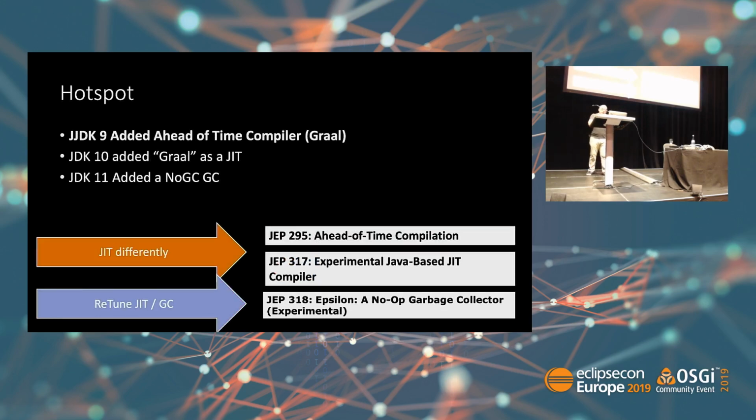What else have we got? Well, Java 9 brought us an IoT compiler called Graal, which we'll talk about later. A new thinking about trying to compile our Java code into machine code. That's really good. And then in 10, we got Graal as a JIT, so reimagining the JIT, and we'll talk about Graal later. And then a sort of, I always thought it should be an April the 1st thing, which was let's have a GC that doesn't do anything.